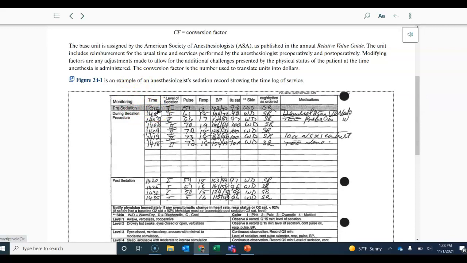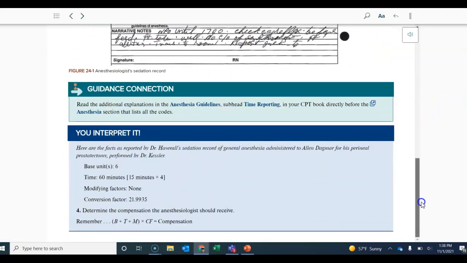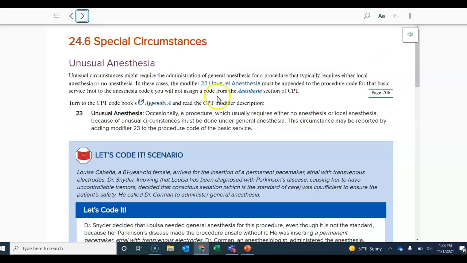That's where they meet you in the holding room, maybe start your drugs, then during the procedure, and then post-sedation. Every anesthesia report's going to have time written down. So we talked about that.